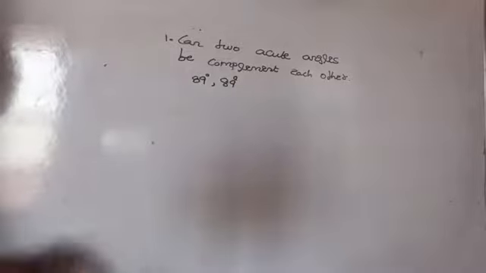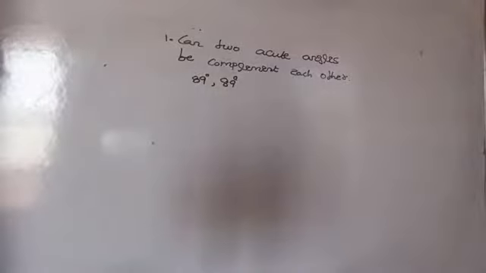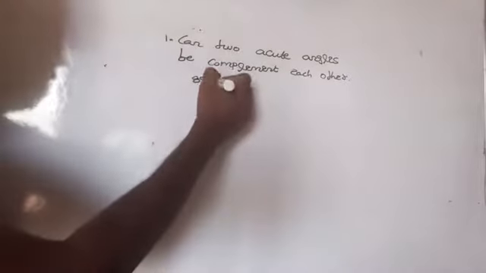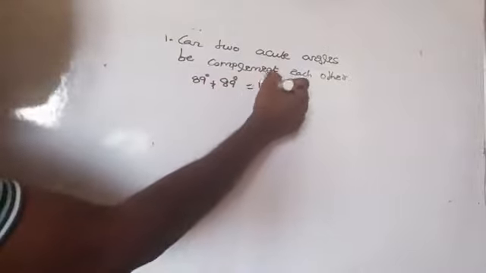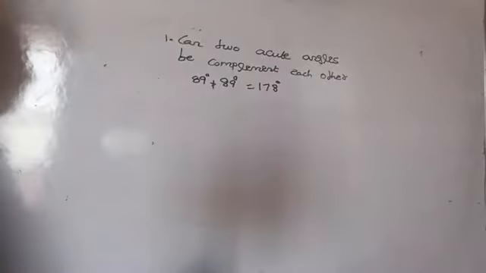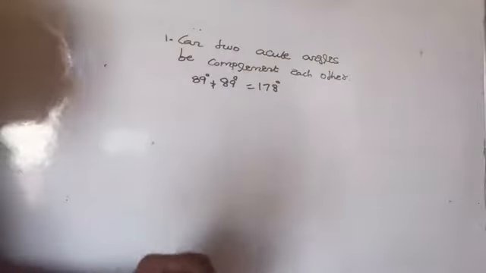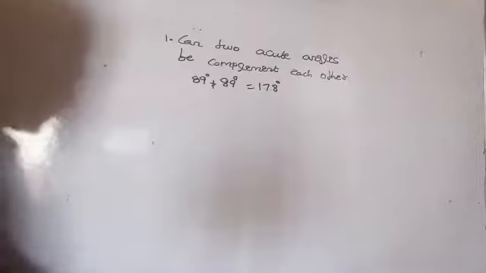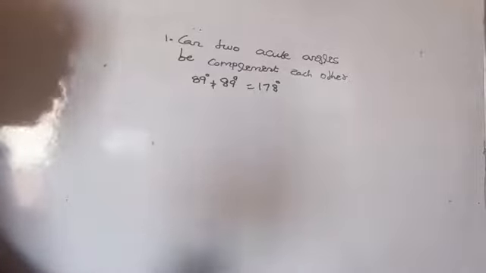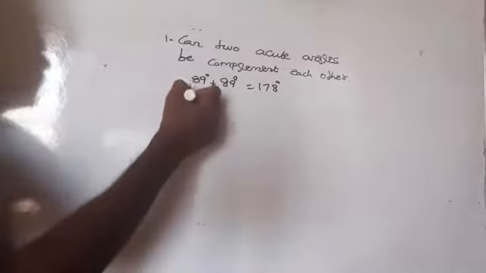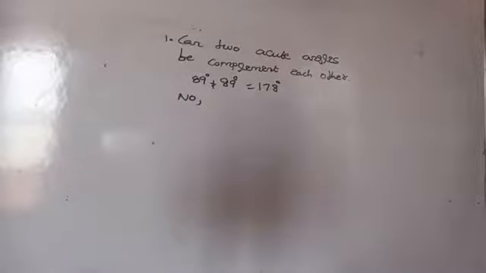What is the sum of these two angles? 89 plus 89 is 178, which is not equal to 90, and is greater than 90 degrees. When the sum of the two angle measures is 90, then it is called complementary. So with these it is not possible. Am I right or wrong?